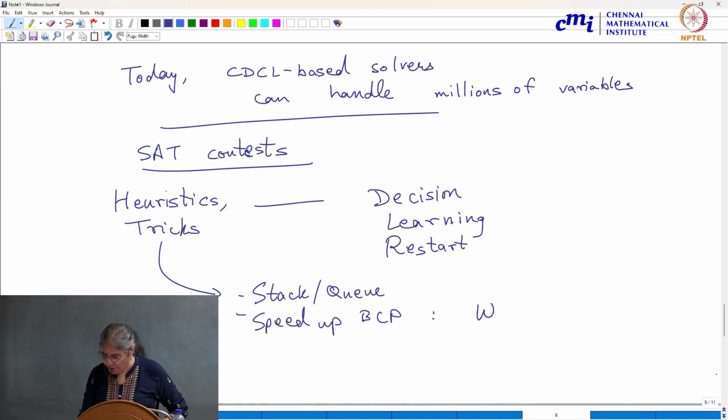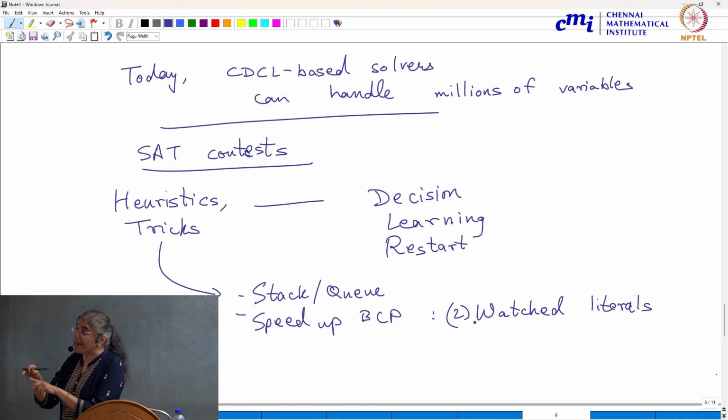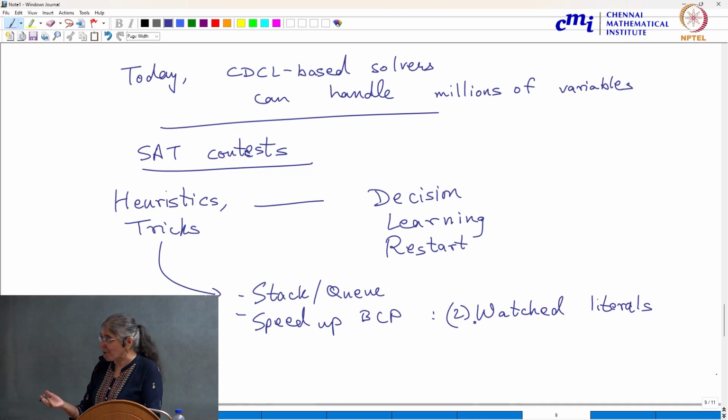So you have something called a watched literal. For every clause, you keep track of one or two variables in that clause and check. If those get set, then you should start paying attention. This clause is on the verge of becoming unit. Today, there are no modern solvers which don't keep track of watched literals. It's just a heuristic idea, but it seems to make the difference between efficiently solvable and not.